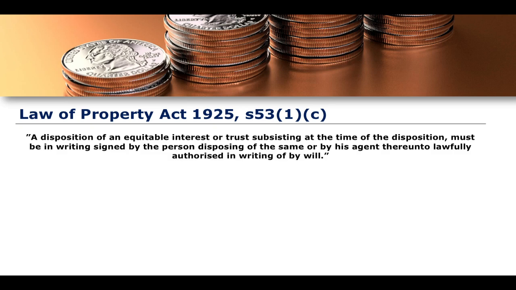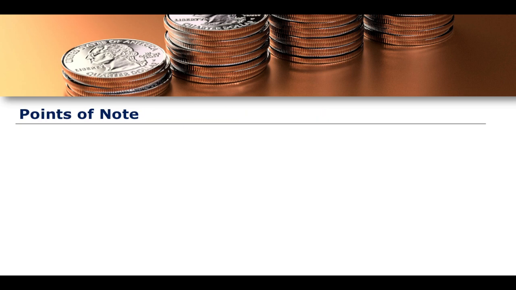Because what Section 53(1)(c) says is, quote, a disposition of an equitable interest or trust subsisting at the time of the disposition must be in writing signed by the person disposing of the same or by his agent thereunto lawfully authorized in writing or by will.